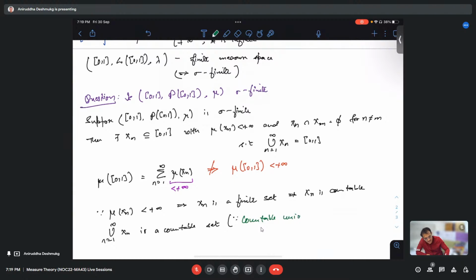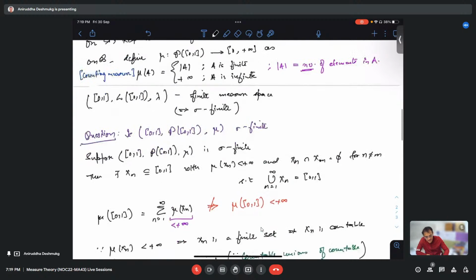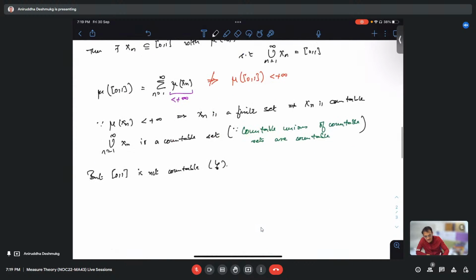But we are claiming that it is equal to the interval [0,1], which is not countable. And this gives a contradiction. Therefore, this measure space is not sigma finite.